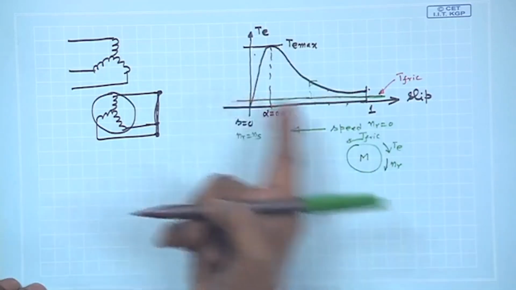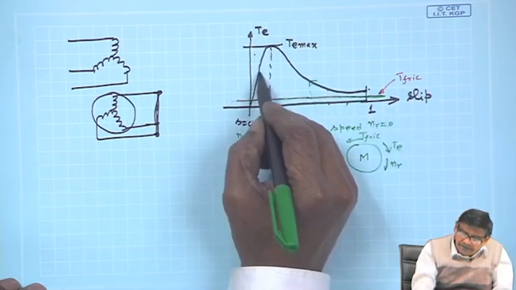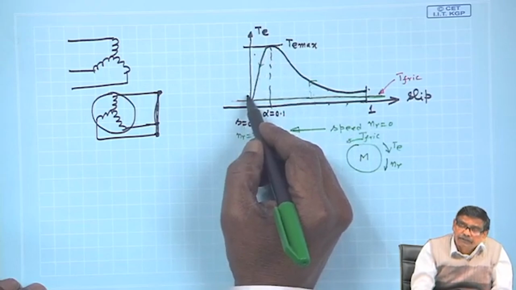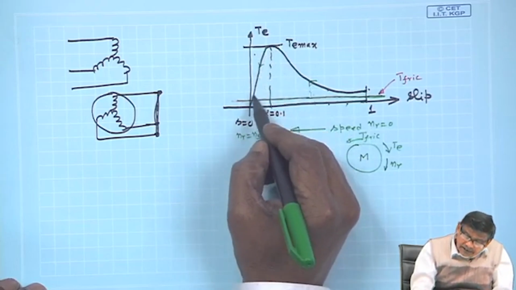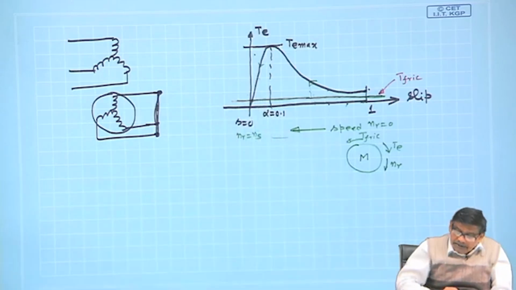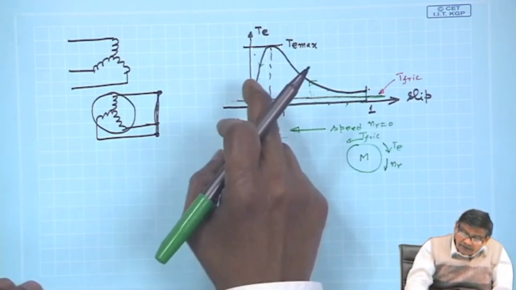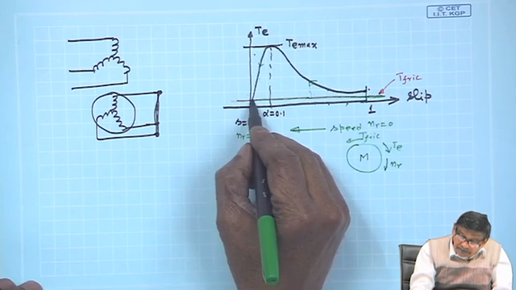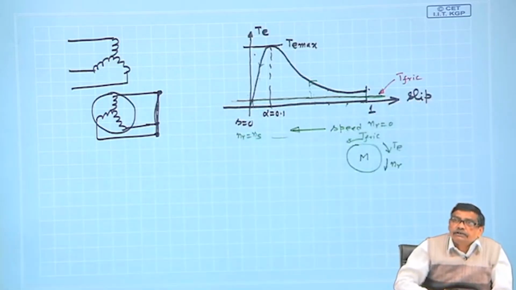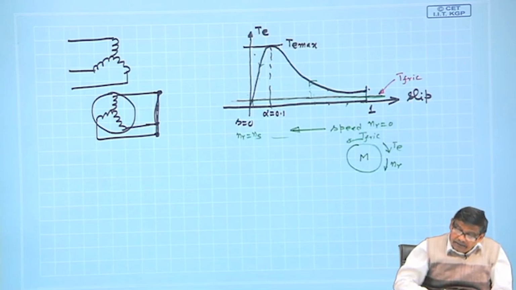But nonetheless, T max is greater than T friction, it will accelerate and operating point will shift, and in this way it will come here when the electromagnetic torque developed by the machine will be equal to the opposing T frictional torque, and machine will settle there.